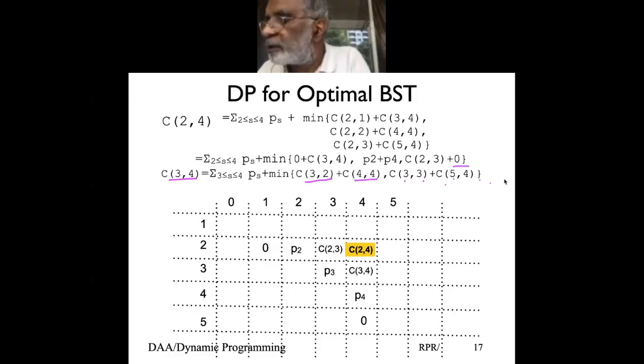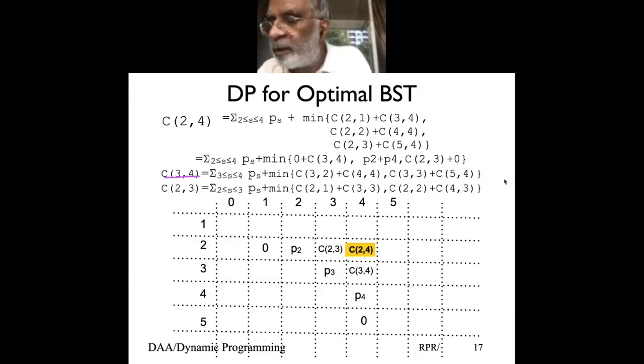Now we know this is 0, we know this is 0, C44 is P4, C33 is P3, and that means we can compute this C34 directly without any other recursion.